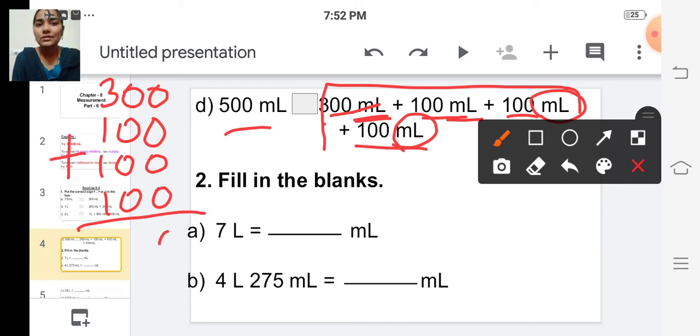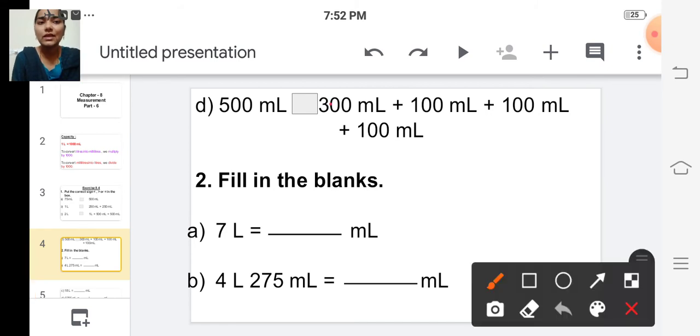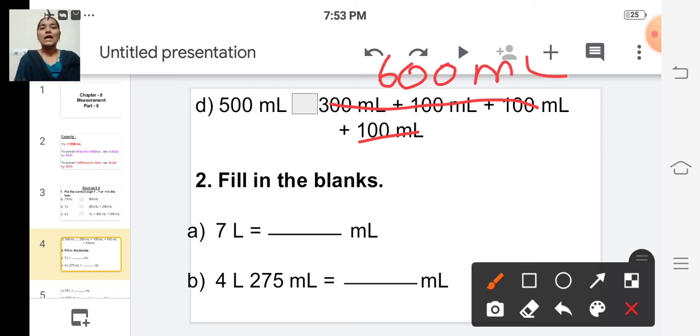Okay. So here 0 and here also 0. Here 3 plus 1 is 4. 4 plus 1 is 5. 5 plus 1 is 6. So here 600 milliliter. Okay. So instead of these things we can write 600 milliliter. So we have simplified into a single term.